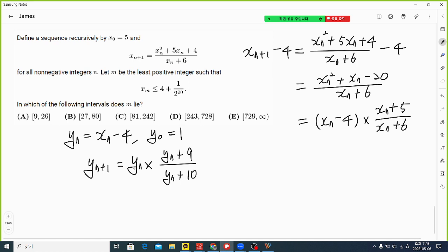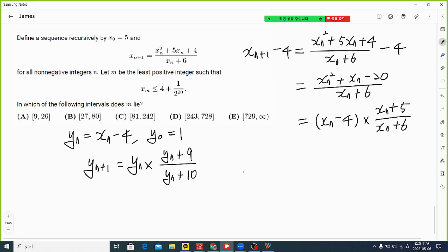So although the number keeps decreasing, the number cannot be negative when we multiply positive numbers. So that means the limit value of this yn will be close to 0 because it's decreasing and it's bounded above.